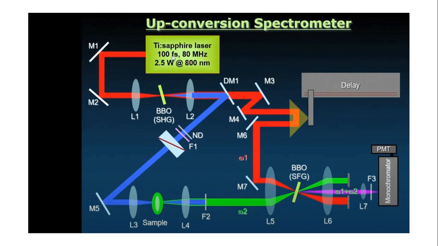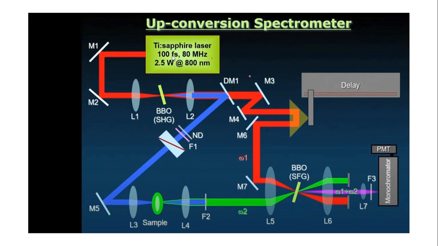First, this is the light source, which is a titanium sapphire laser, giving a 100 femtosecond pulse with 80 megahertz frequency, and the wavelength of the laser source is 800 nanometer. So it gives 800 nanometer light and a 100 femtosecond pulse of it.